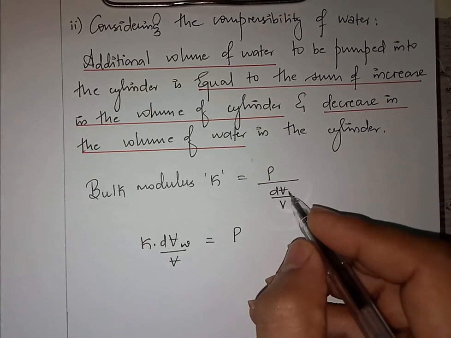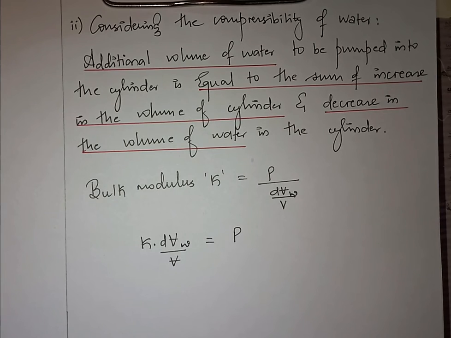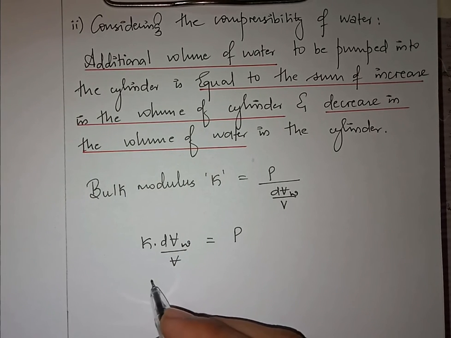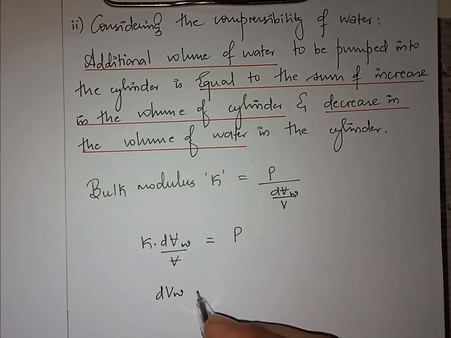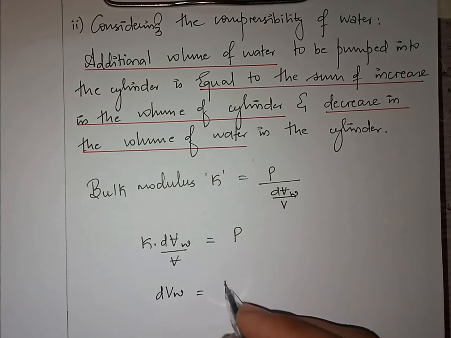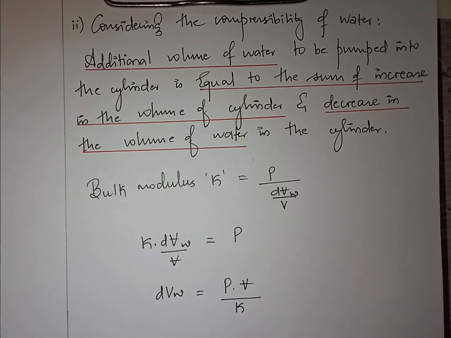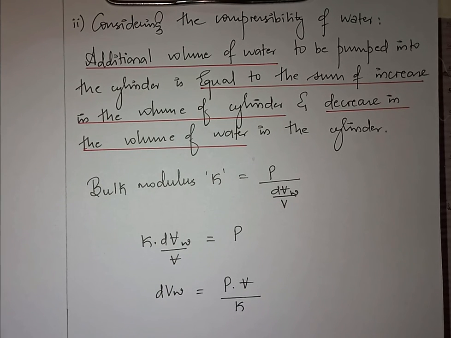Rearranging, the change in volume of water is equal to P into V divided by K.